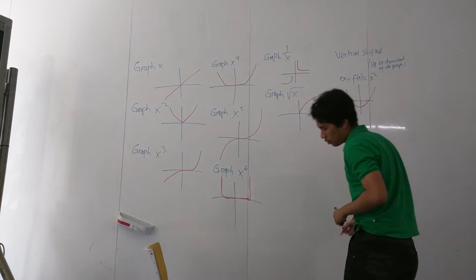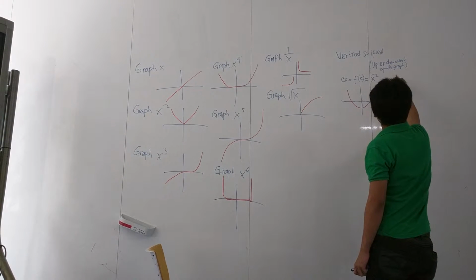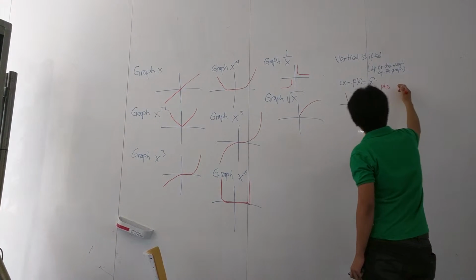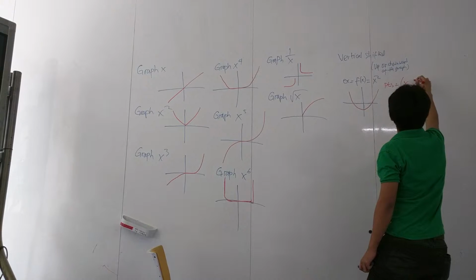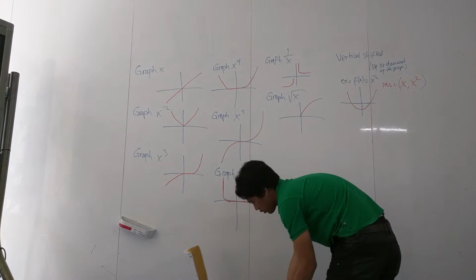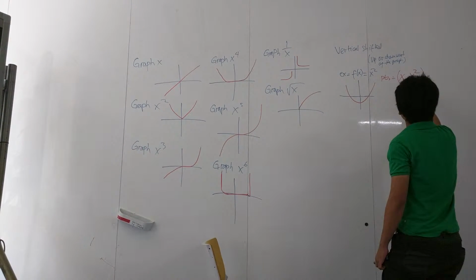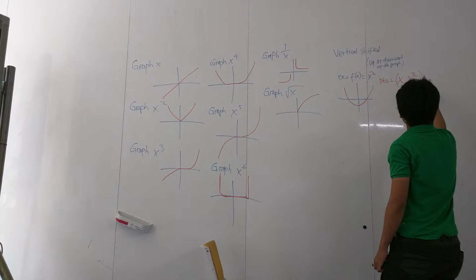For example, like this. So the points should be x, x squared, and then this is the domain, and this one is the range.